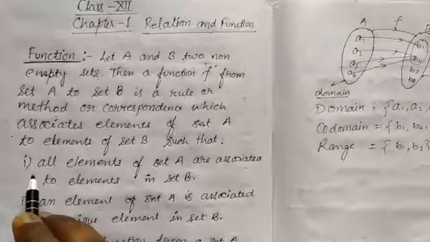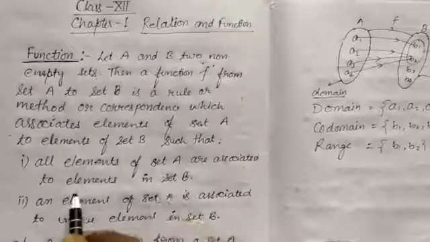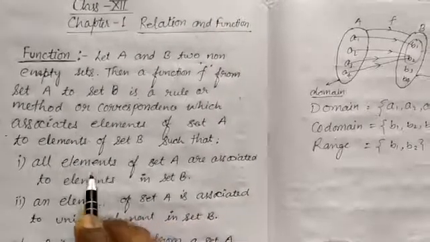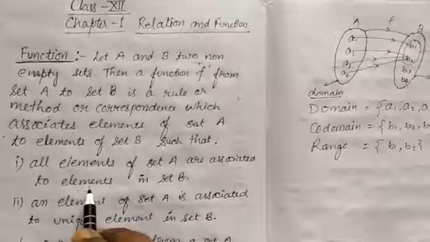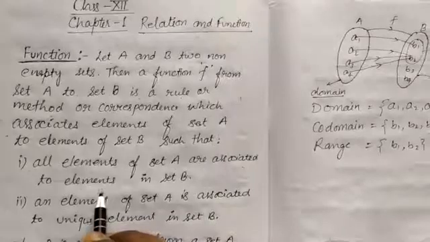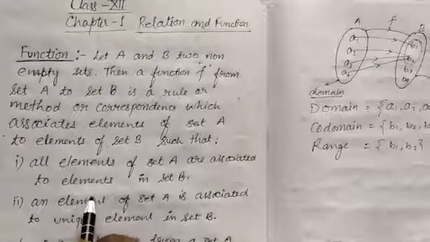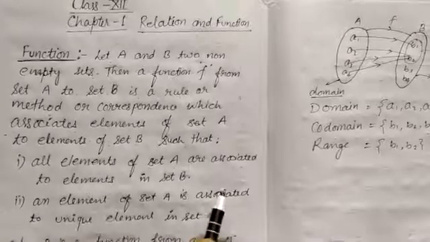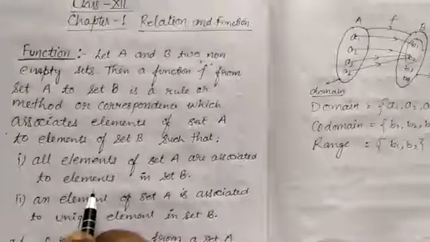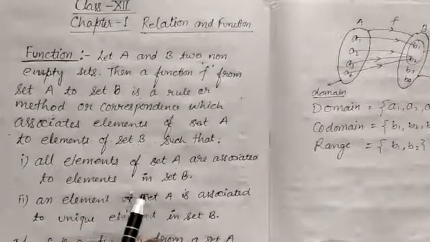The first rule is all elements of set A are associated to elements in set B. It means every element should be associated with the elements of set B. If any element is left unassociated, in that case the relation will not be a function.